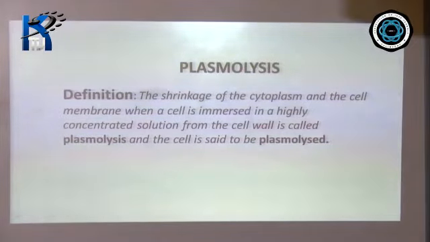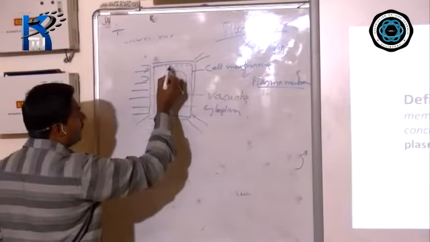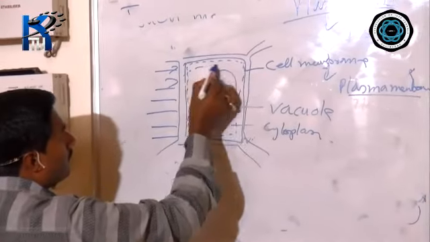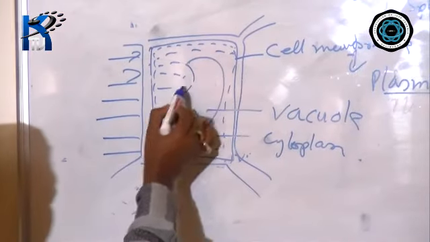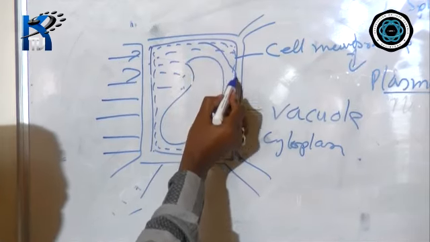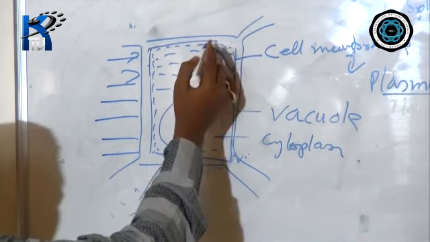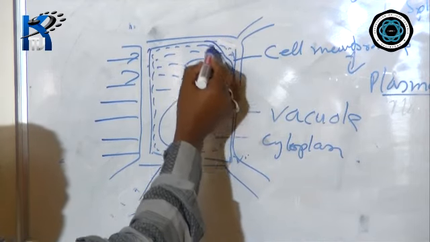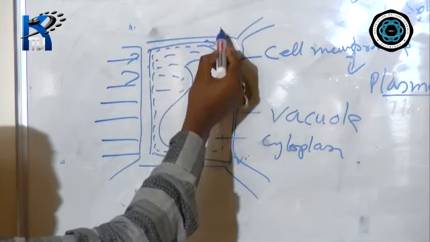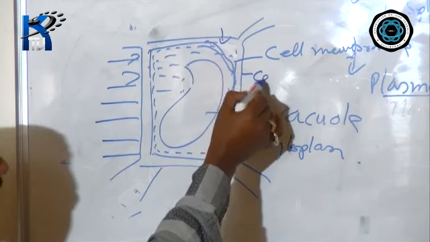That means here, this part is the cytoplasm. There is a shrinking of this cytoplasm, and due to that the cell membrane also will be pulled inward, detaching from the cell wall.